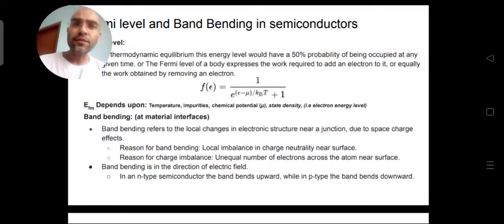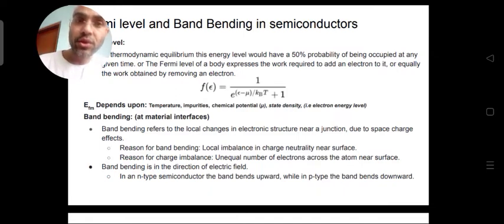The reason for this band bending, in short, is that because of all this that I have told you, an electric field is generated, and that is why I explained the electric field. That electric field actually gives rise to the band bending. The bending of the bands will be in the direction of the electric field.